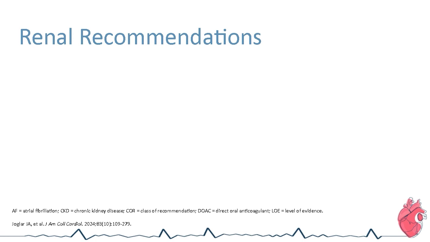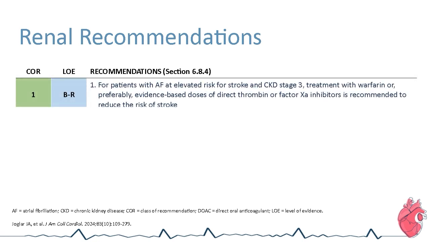Now, what about patients with impaired kidney function or chronic kidney disease? Very common in patients with atrial fibrillation, since we're talking about diseases of the elderly. Well, we know that patients with atrial fibrillation who have chronic kidney disease, they're at higher risk of stroke. CKD is actually a risk factor for stroke, even though it's not included in our CHA2DS2-VASc score.